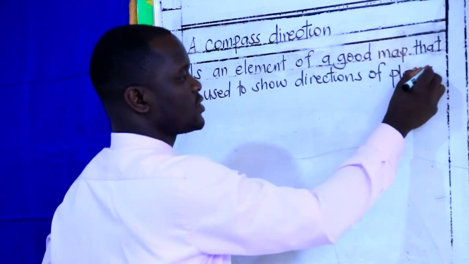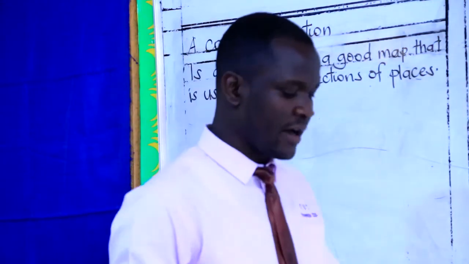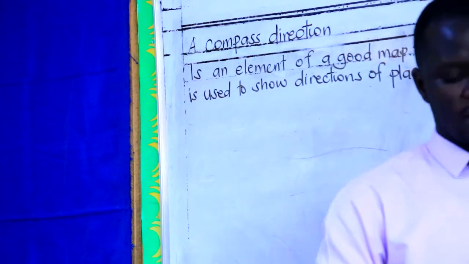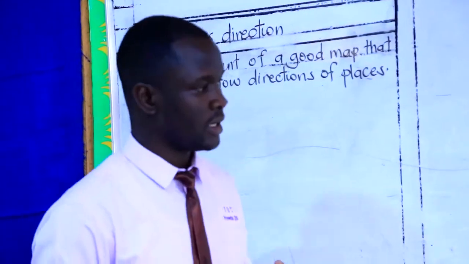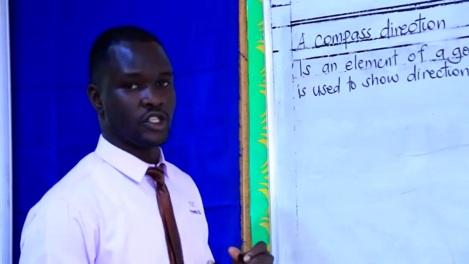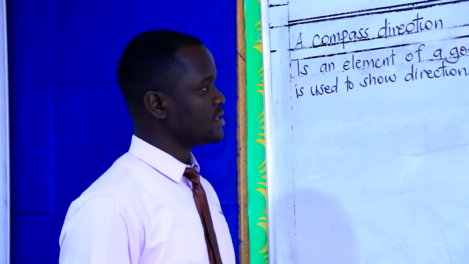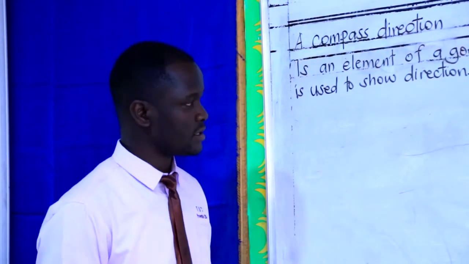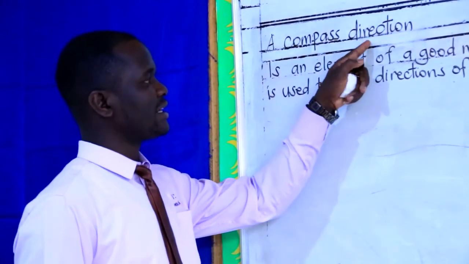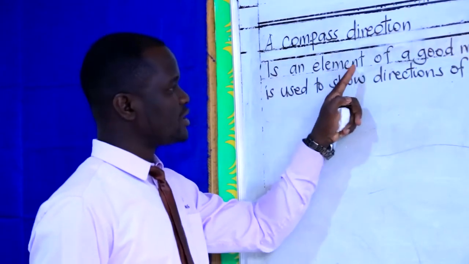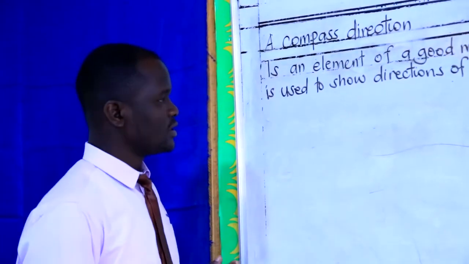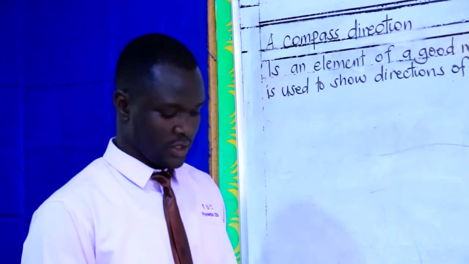One thing I need you to understand is we have a compass and then a compass direction. A compass is an instrument that is used to locate places, whereas a compass direction is that element of a good map that is used to show directions.